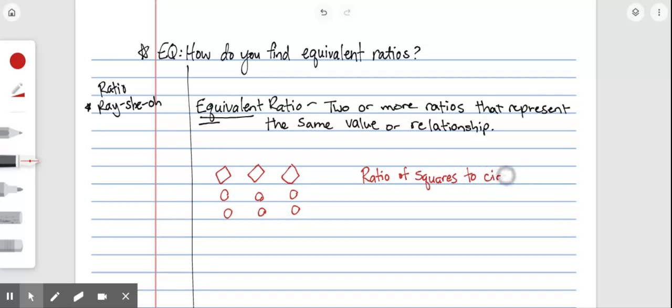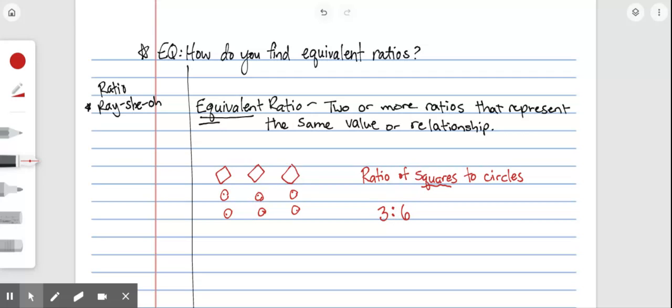I'm going to start with how many squares there are, because that's the first word here. Well, there are 3 squares. And then how many circles are there? Well, there's 1, 2, 3, 4, 5, 6 circles. So the ratio of squares to circles is 3 to 6.